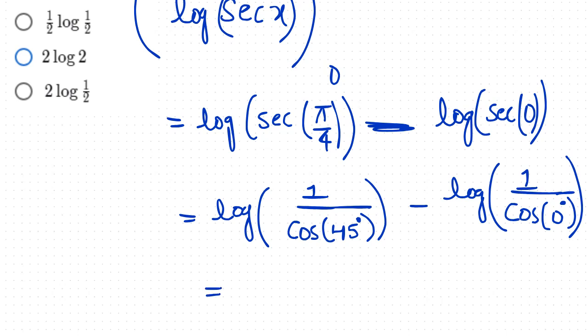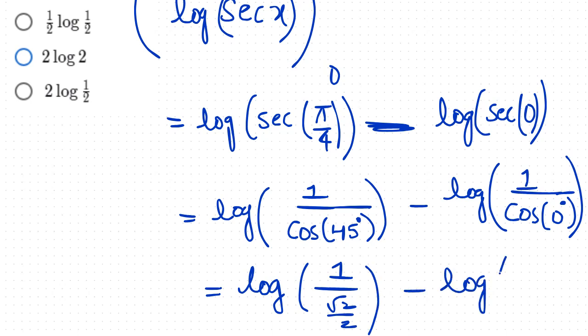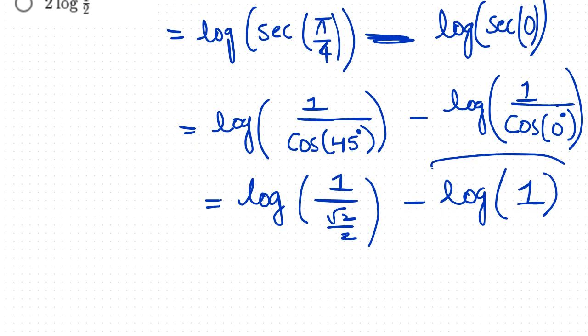So root 2 by 2 was in the denominator: 1 upon root 2 by 2 will be 2 by root 2, and minus cos 0. Cos 0 is 1. How much is log 1?